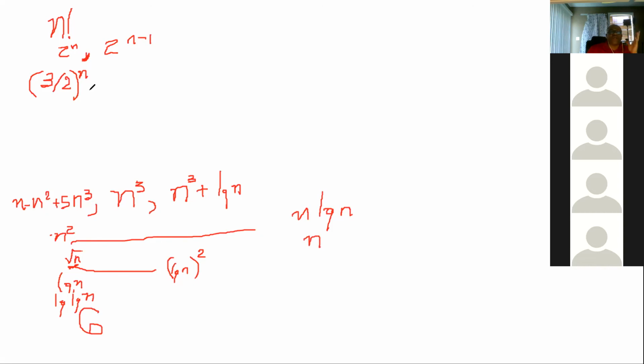All right, so going from the worst to the best performer, it would be n factorial being the worst, then the exponential, 2 to the n and 2 to the n minus 1, then 3 over 2 to the n, then the cubic, then the squared, then n log n, then the linear, then the square root, the log square, then the log.